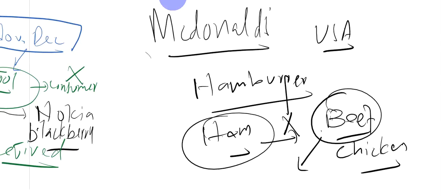There they provide only chicken, or they provide potato or veggie burger. So whenever we go to a new region, whenever we go to a new country, we have to analyze and assess the environment and specifically the culture of the region, and then the organization should try to provide the product which is acceptable in the culture of that region.